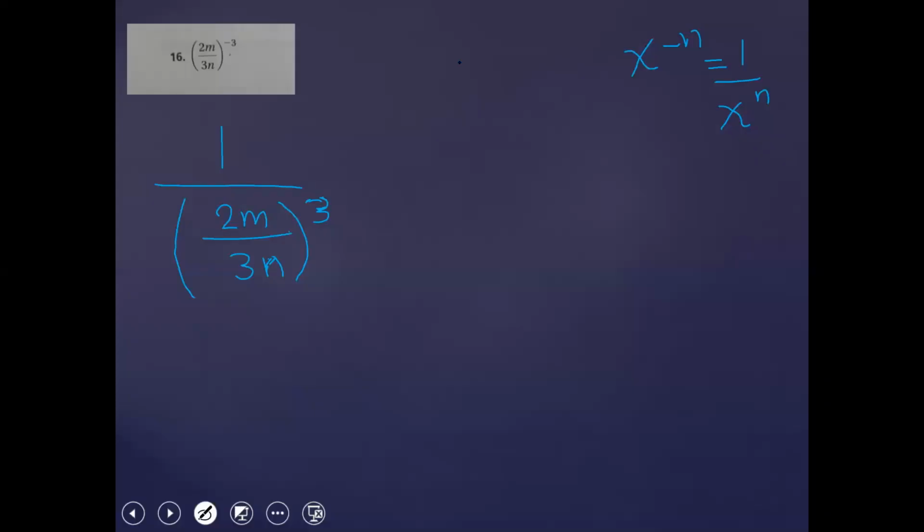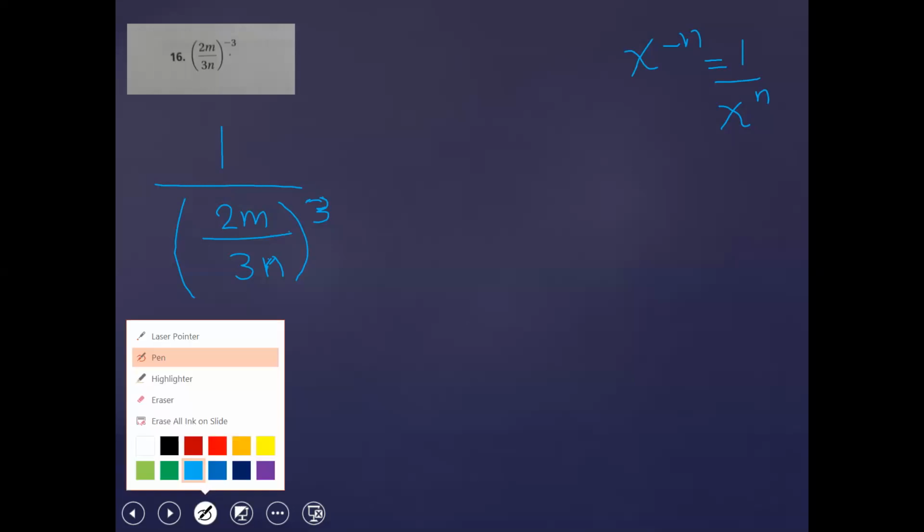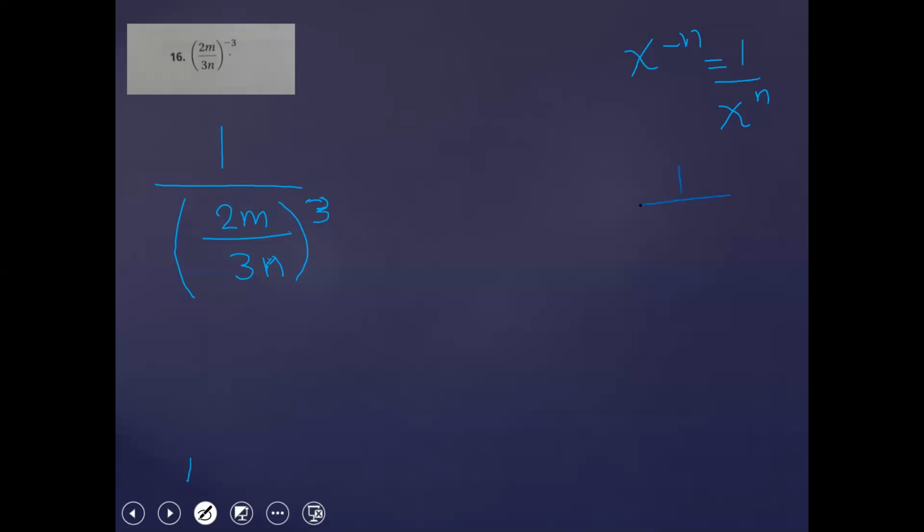Now, after that, here we have 1 over 2m over 3n cubed. If you have 1 over a over b, I have to write it as the reciprocal, which is b over a. So this is the reciprocal of 2m over 3n, which will be 3n over 2m.